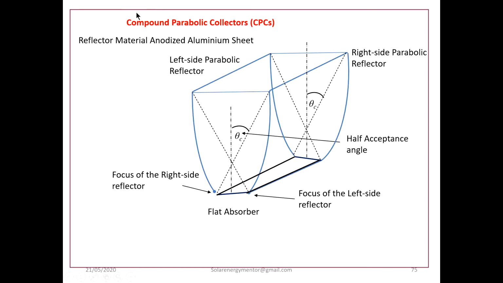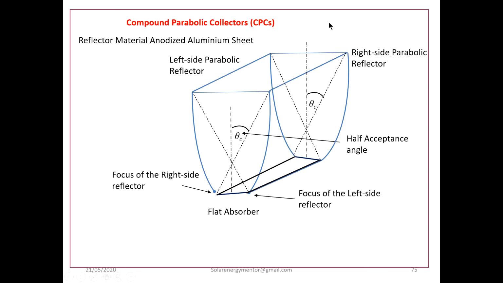Now when the sun is before this point, radiation will not fall on the absorber. So the line extending on this is the threshold of the sun. When the sun starts moving on this side, the radiation will be incident on the absorber, until this limiting direction.